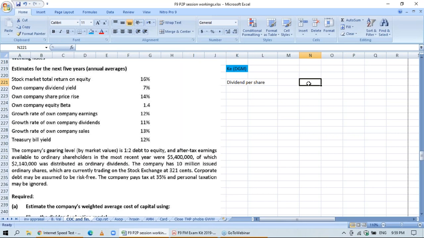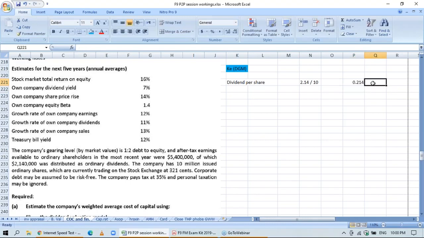the dividend for the year was 2.14 million and the number of shares outstanding are 10 million shares. So this gives you the dividend per share, which is 0.214.